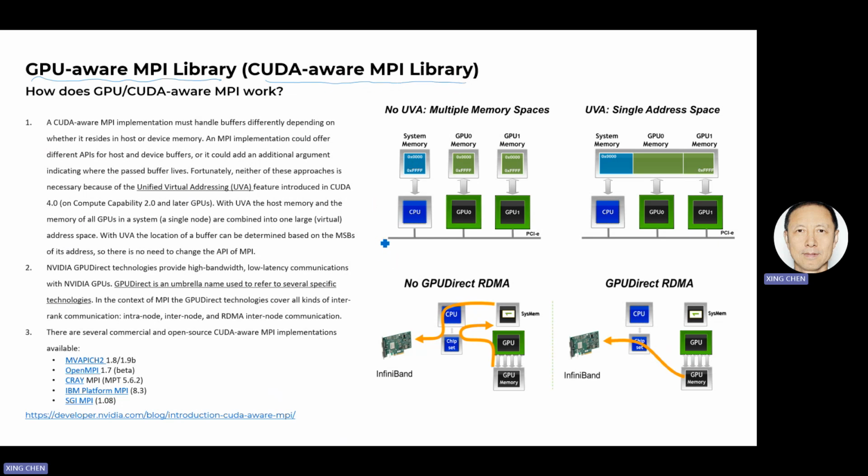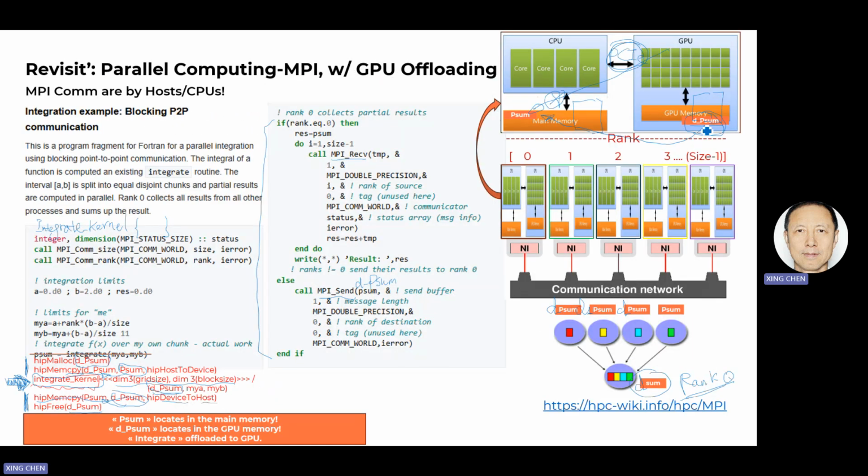This kind of library works in the situation where you want to send data located in the GPU memory, and the receiver server can receive the data sent by another server and put that data into the memory of a GPU. So the data transfer will be from the GPU memory to the GPU memory.